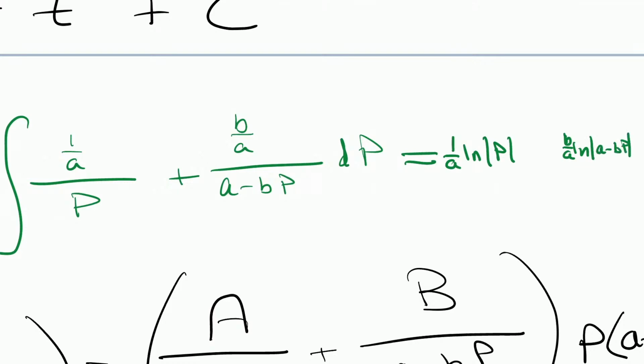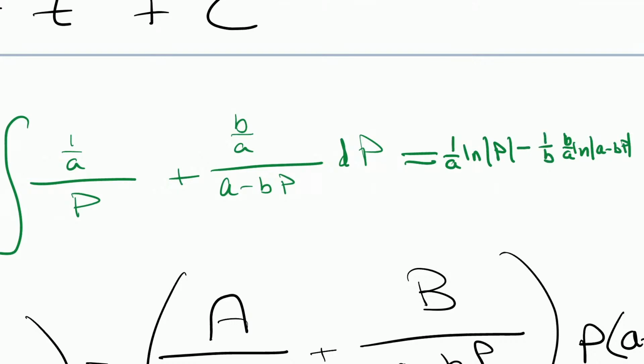So I told you to ignore all of the little letters a and little letters b, but now we can't really ignore them because you should have done substitution here, and u would equal this, du would be negative b times dp. And so there's a factor of negative b that has to be put in here somewhere. So it ends up being this. You get a negative and then 1 over little b.